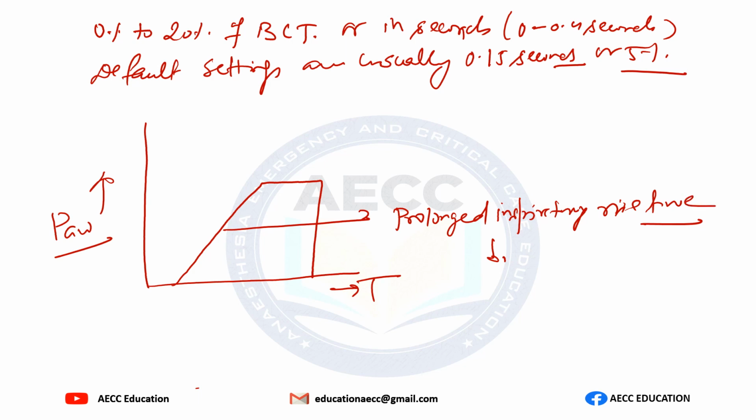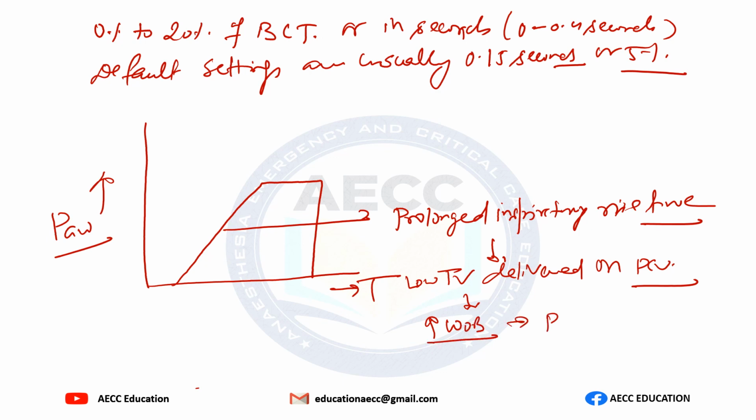Because of the prolonged inspiratory rise time, the tidal volume delivered on pressure control ventilation is low, and because of that the recruitment of the alveoli will be affected, so the work of breathing becomes increased and there is a lot of patient-ventilator desynchrony.